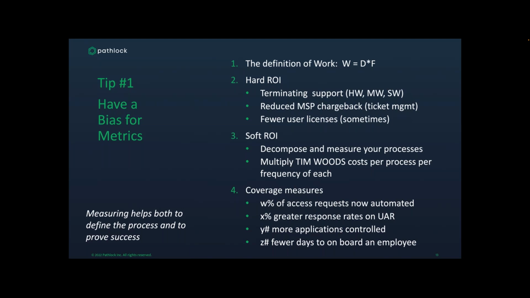And there's even an acronym called TIM WOODS, which I'm sure many of you already know, about how to analyze a process. It stands for transport waste, inventory waste, motion waste, waiting time, overproduction, overprovisioning, defects, and skill gap or skill underutilization. And you can apply that.